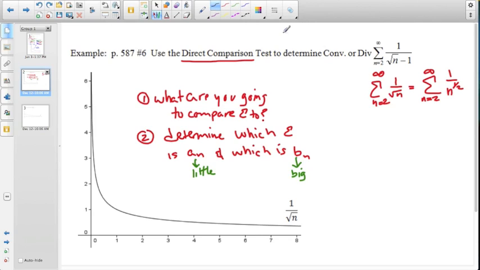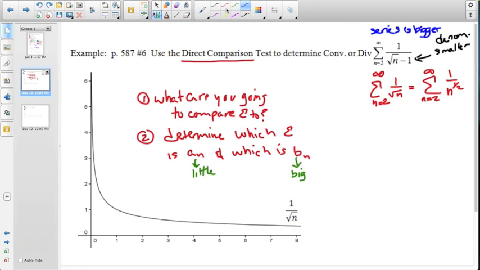But if we look at it algebraically, at the comparison of the two, this is the denominator, and this denominator is smaller than this denominator. If the denominator is a littler number, then the whole series is going to be bigger than what we're comparing it to.